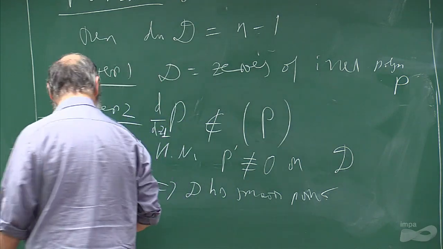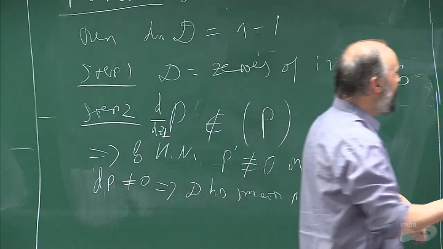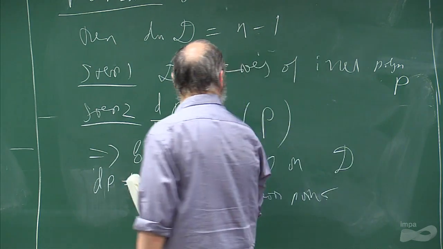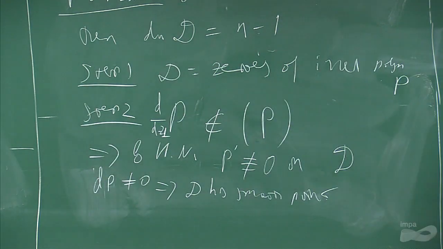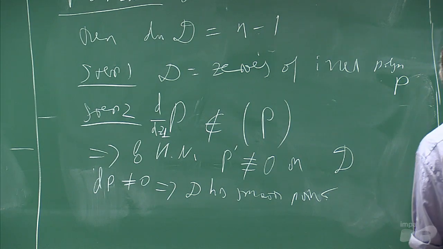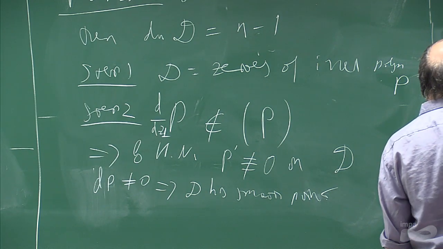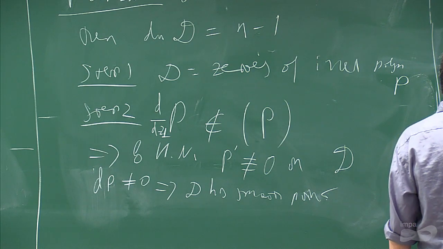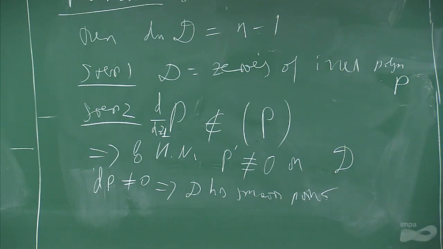Good. We know already that it has a smooth point. That's fine, but still, I would now just compute the dimension at this smooth point. So this is step 3. I would take the projection, so it's pi from D to Cn minus 1, projection to coordinates z2, ..., zn.